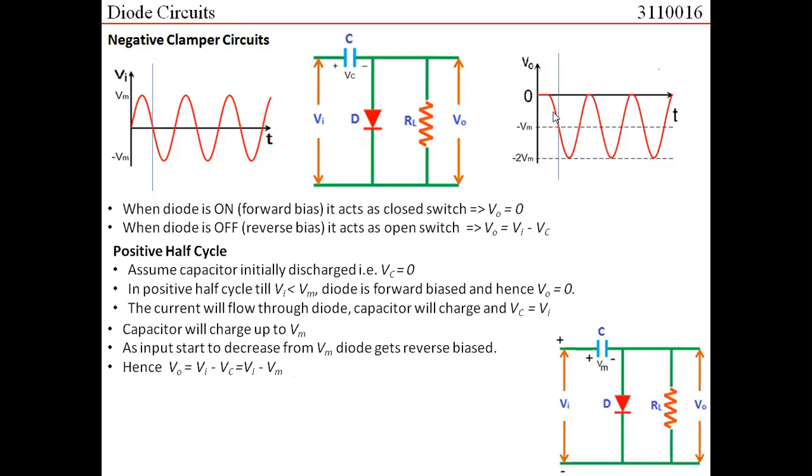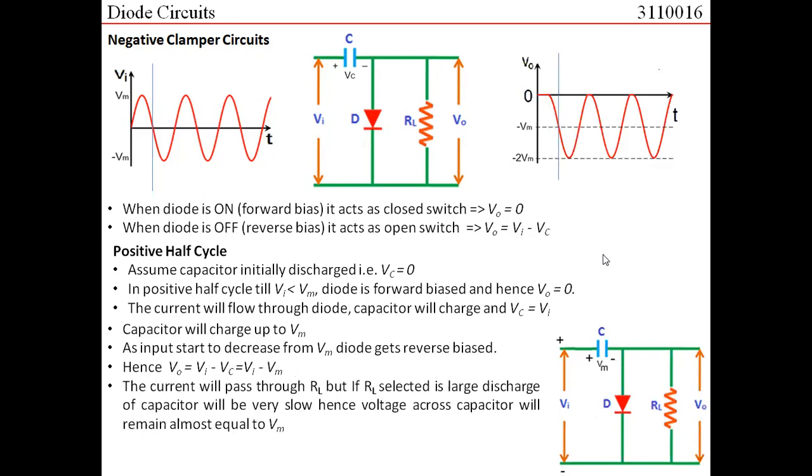So this is what would be the relation. When the input voltage is 0, the output voltage would be equal to minus Vm. So this is what happens in the first positive half cycle. From time t equal to 0 to this blue line, this is the nature of the output voltage here.